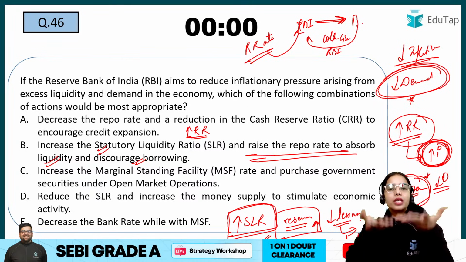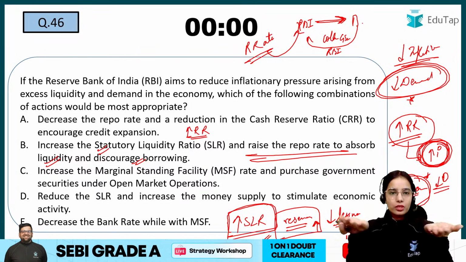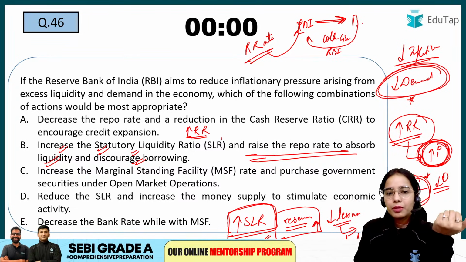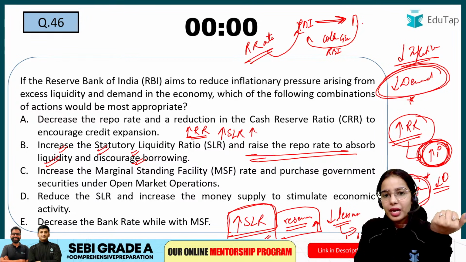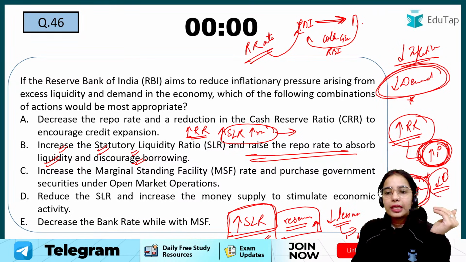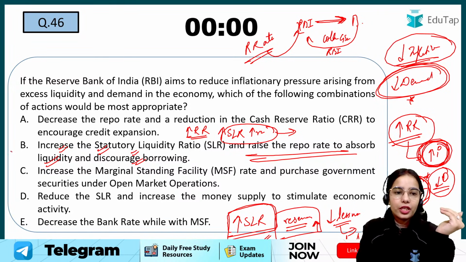So if the SLR is increased, banks have to keep more reserves, and they will be left with less money to lend. So there will be fewer loans, less demand, and less inflation in the country. So B is the answer.